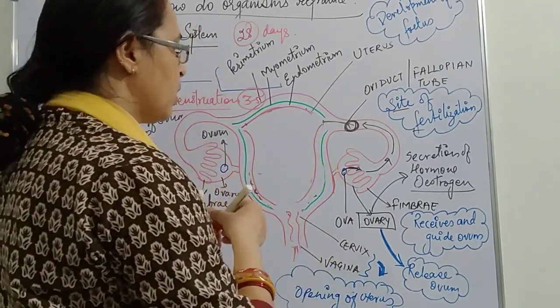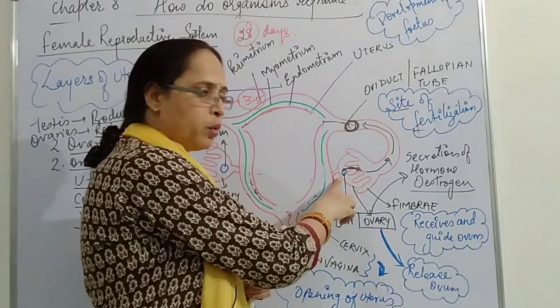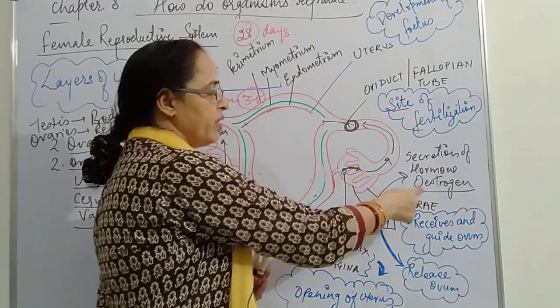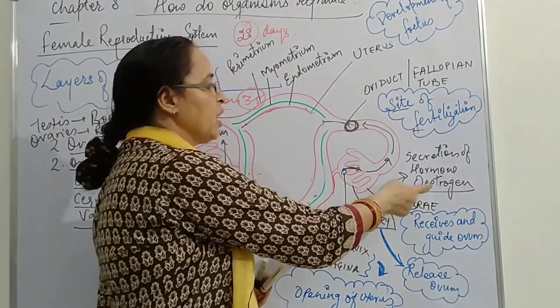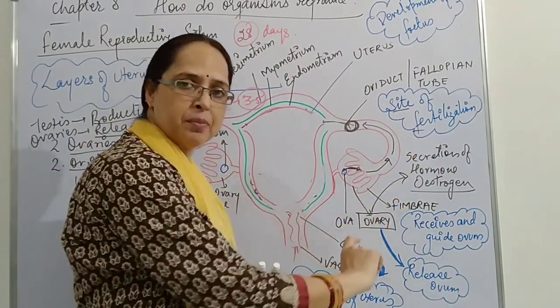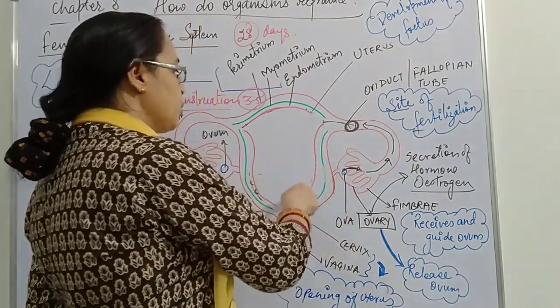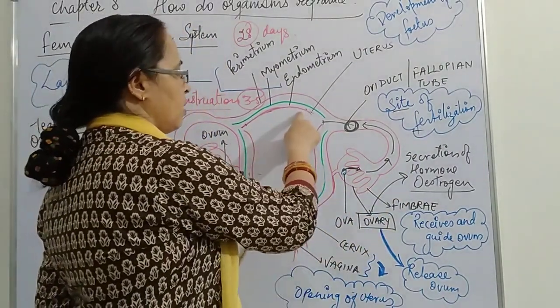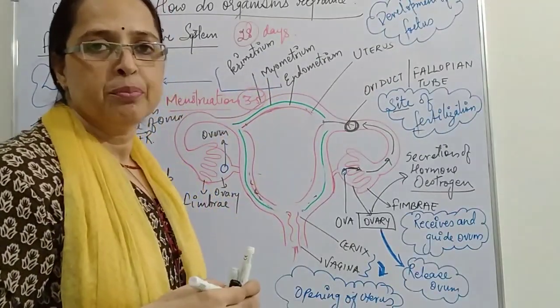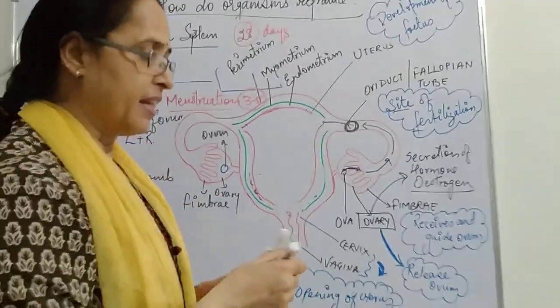Now what will happen? Ova is released from the ovary. Along with ova, estrogen hormone is released. Estrogen hormone enters into the bloodstream, blood accumulates and gets collected, which makes the endometrium lining thick.